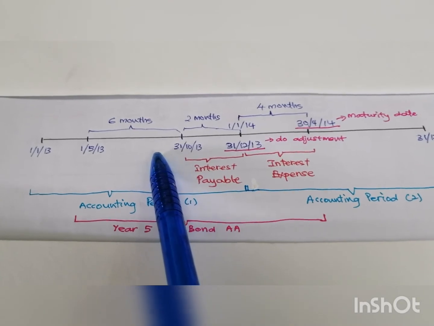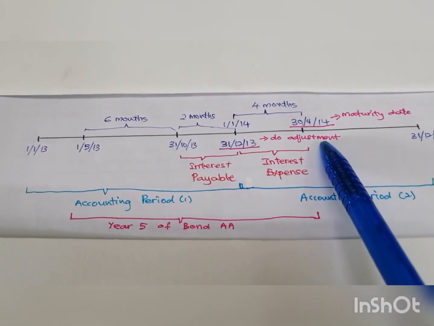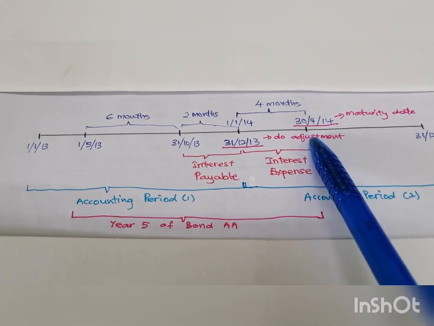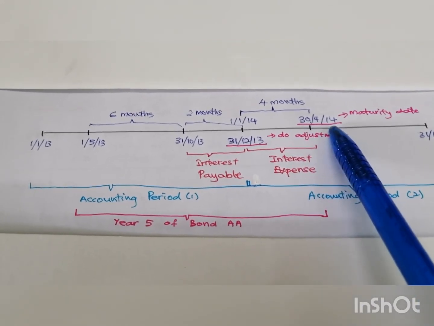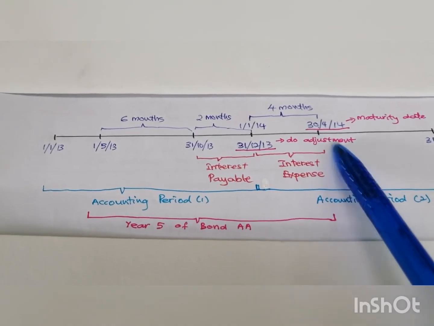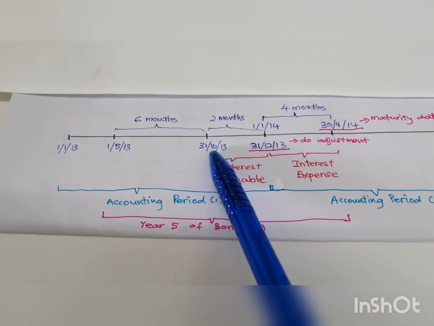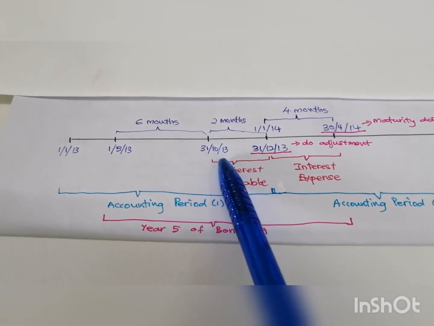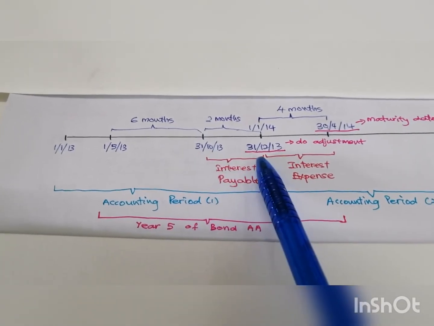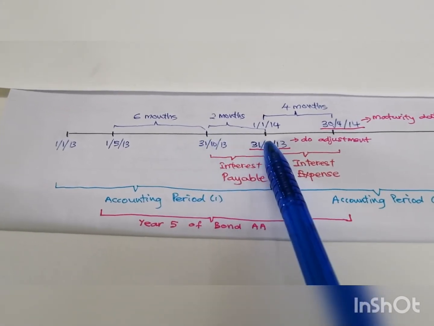Okay, so you already did this one, but at the end of the maturity date on 30 April 2014, we will need to do the redemption. So okay, from 31st October 2013 until 31st December 2013, this is only 2 months.